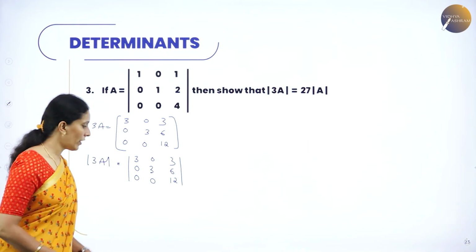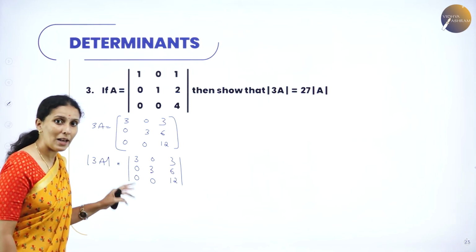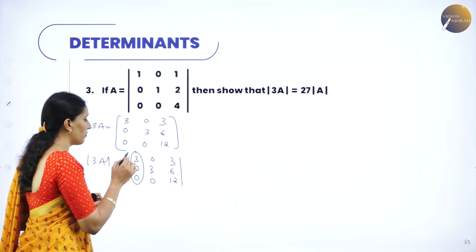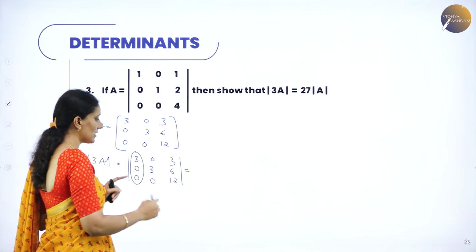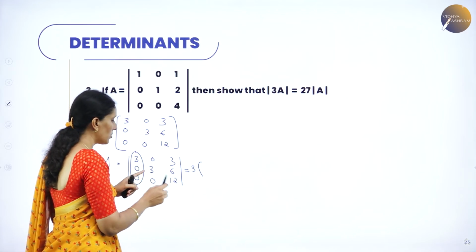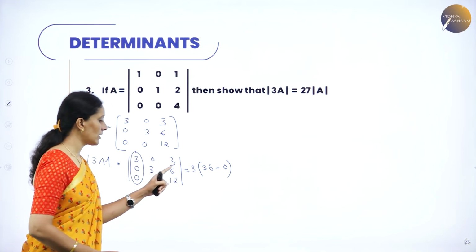I already told you, when you have more zeros in any column or row, expand with the help of that row or column. Now I am going to expand the determinant with the first column. We know the signs are plus, minus, plus. So 3 into, delete the row and column, 12 3s are 36 minus 0 because 6 0s is 0.